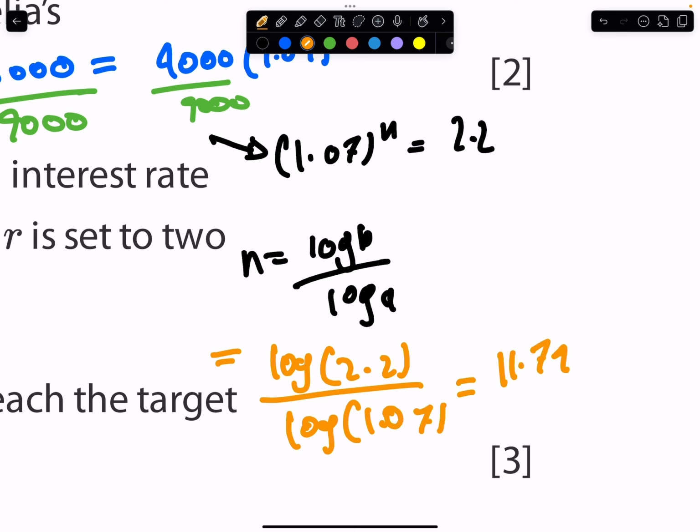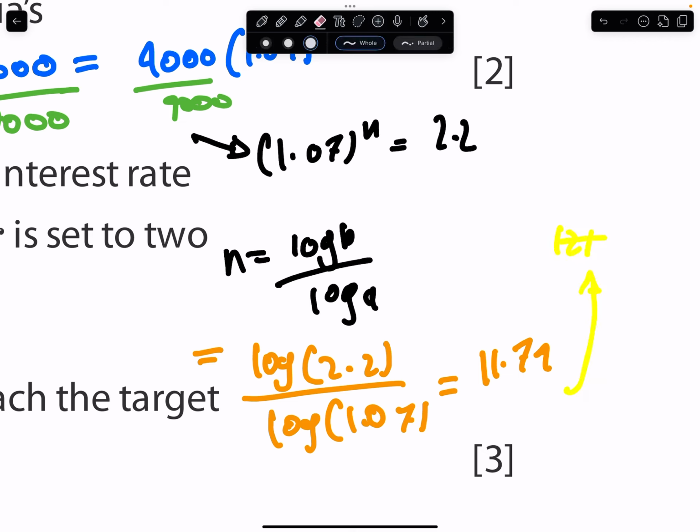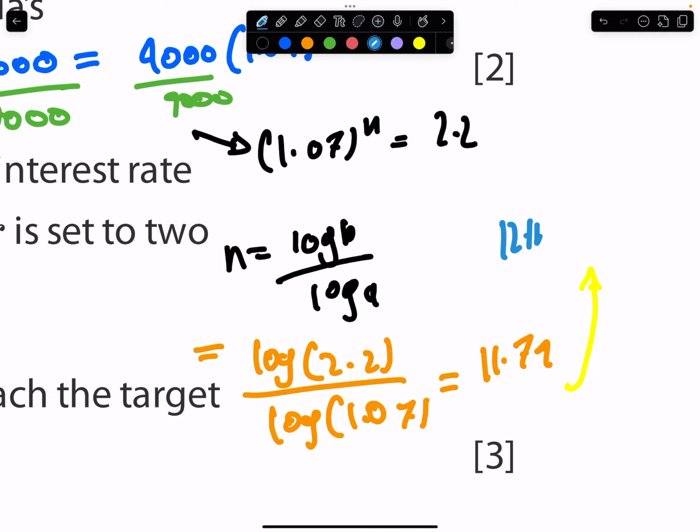So she reaches the target during year 12. Now round it up: 12 years.